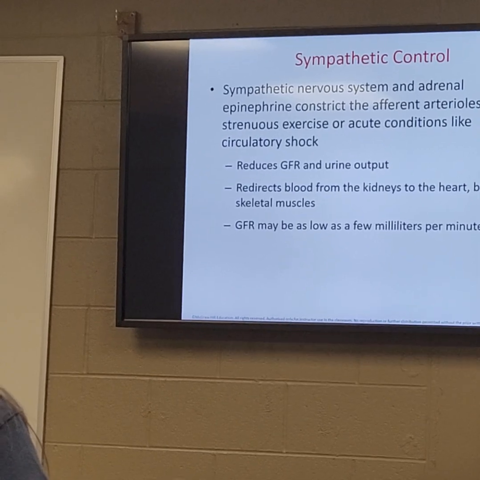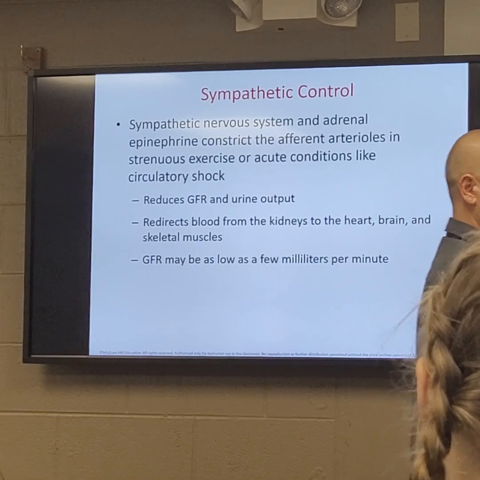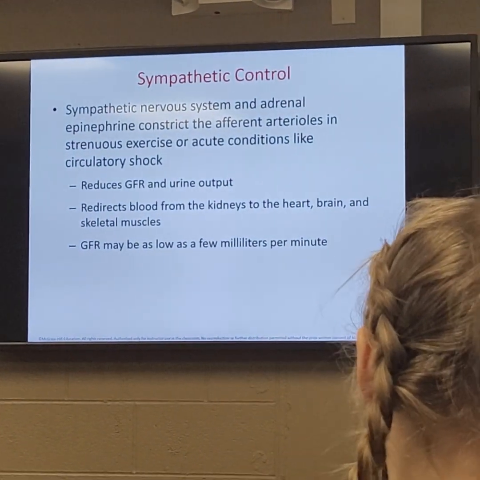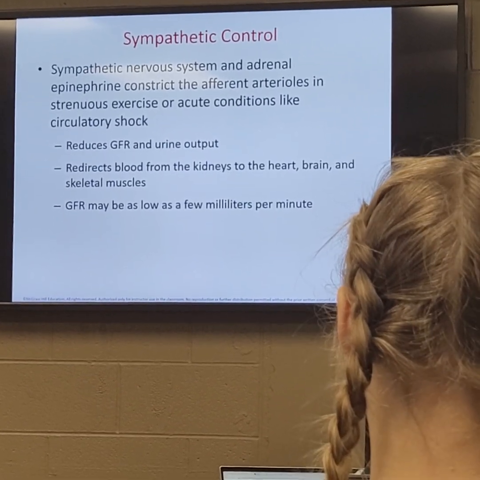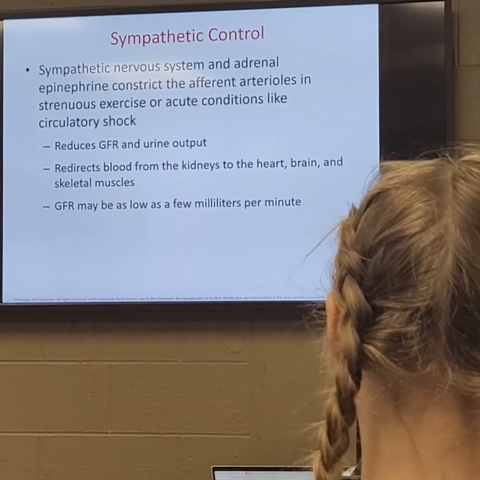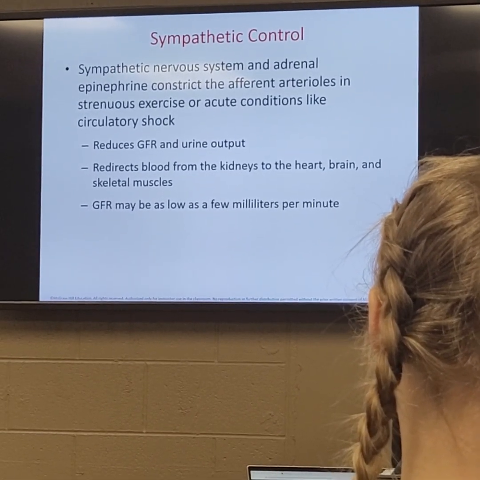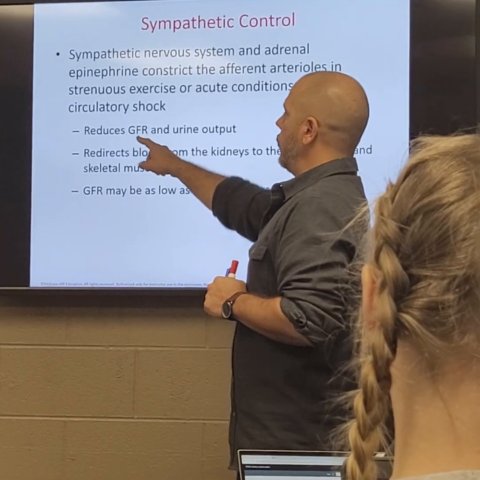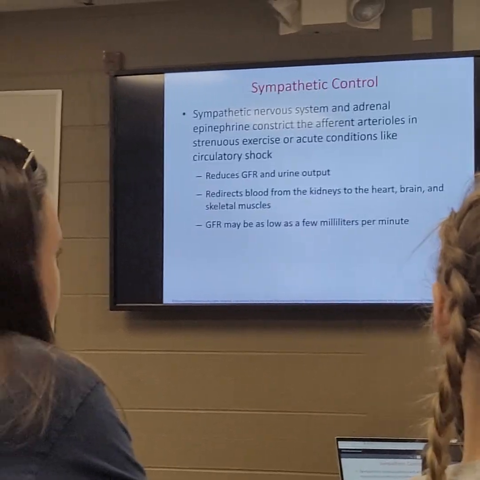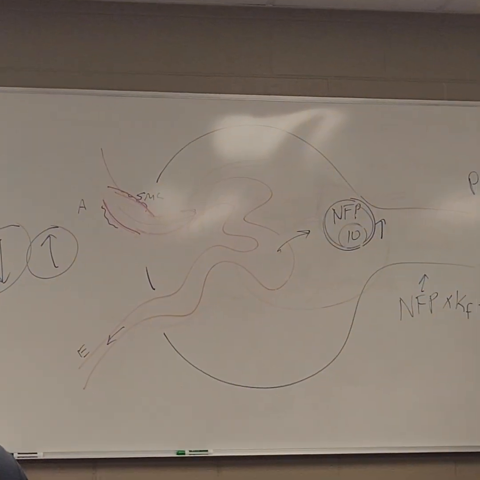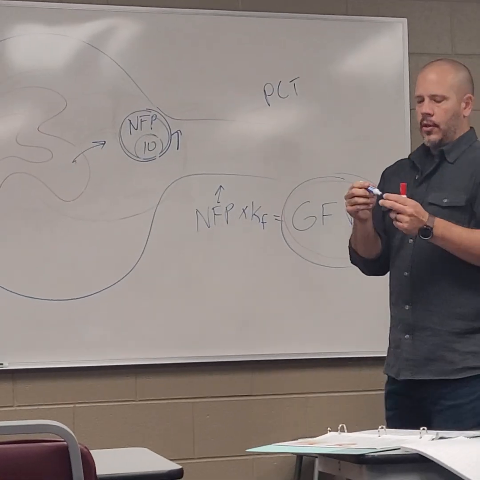You may recall that we described the sympathetic commands as often described as the fight or flight commands, and the parasympathetic as rest and digest. So when the sympathetic nervous system is communicating to the kidney, it's telling the kidney that it wants the kidney to reduce urine output. It wants to reduce the GFR. So sympathetic command is always going to be an attempt to lower the glomerular filtration rate.